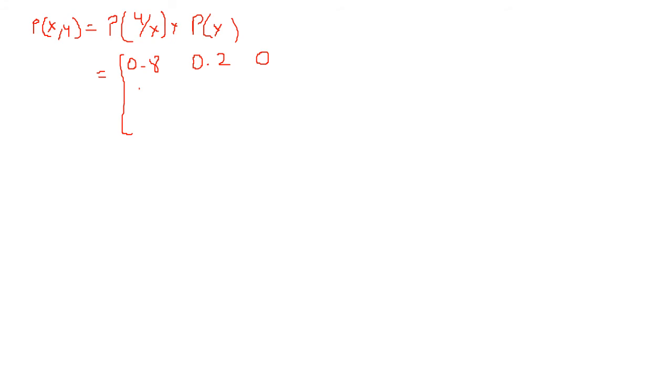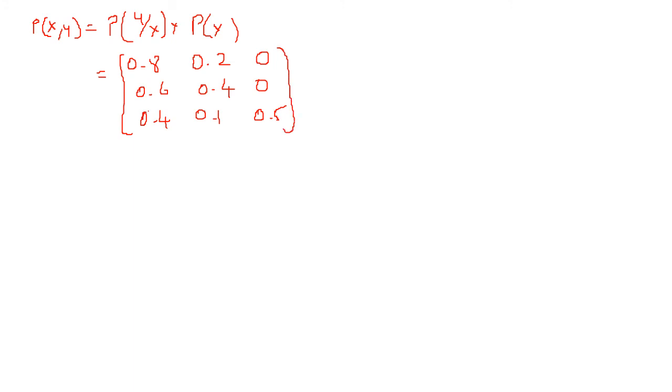Now the channel matrix is known. By the property of the joint probability matrix, we can write P of x comma y is equal to P of y by x into P of x. The channel matrix we have already got: 0.8, 0.2, 0, then 0.6, 0.4, 0, then the last row 0.4, 0.1, 0.5.